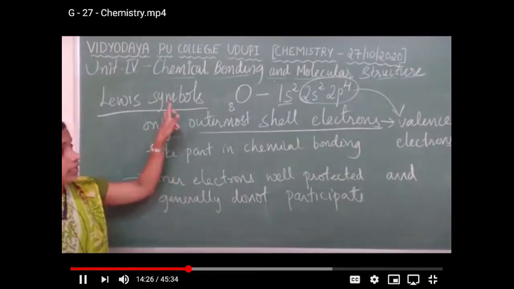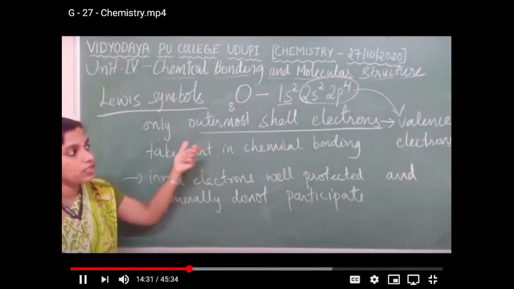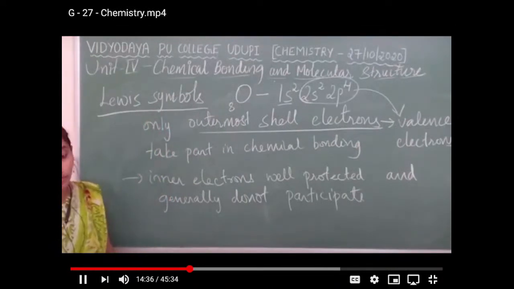Lewis represented these valence shell electrons by dots. That is called Lewis symbols.